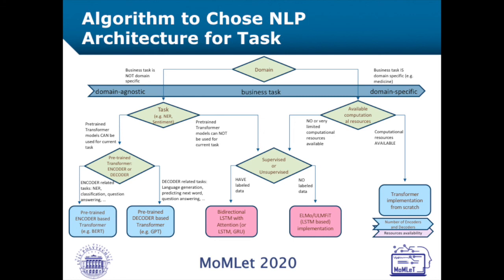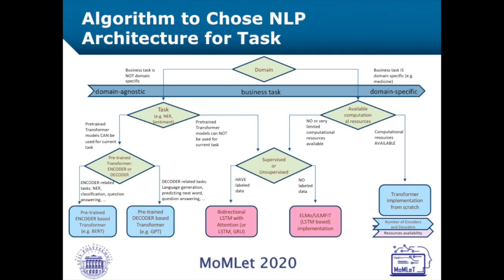If it can, great. You just need to choose one that covers your task, as most models come in part of the transformer architecture. For example, encoder-like BERT, which can be used to solve tasks like named entity recognition or classification, or decoder-like architecture like GPT, which can be used to generate text or predict the next word.